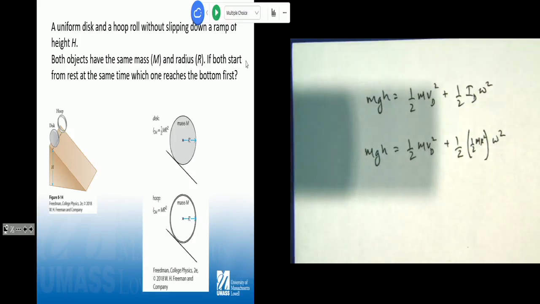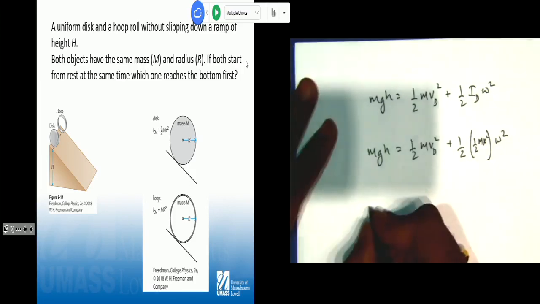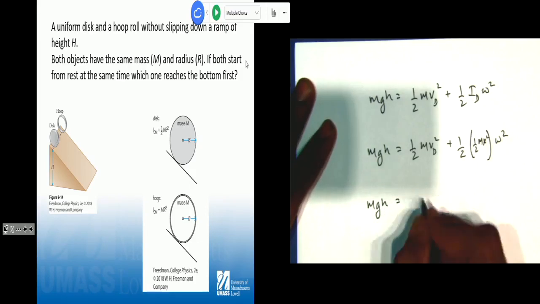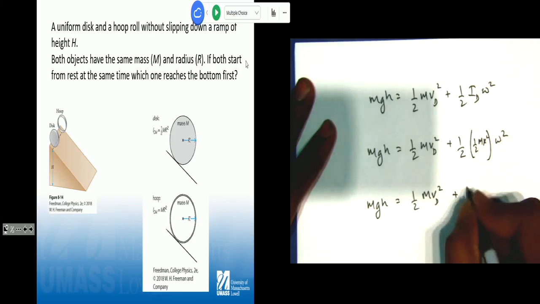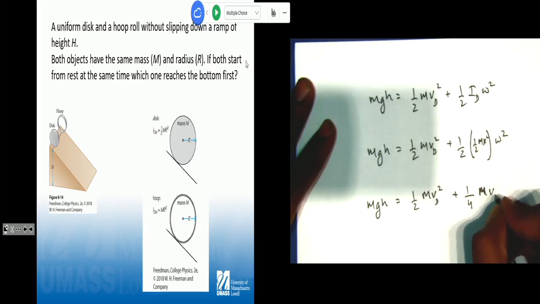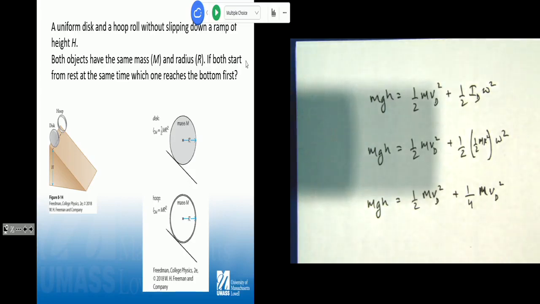Since I'm now talking about the disk, I substitute the moment of inertia of the disk, and I end up with that same term, r squared omega squared. The only thing that changed is the numerical factor in front of it. So this becomes mgh equals 1/2 m speed of the disk squared plus 1/4 m speed of the disk squared. Half times a half is a fourth.